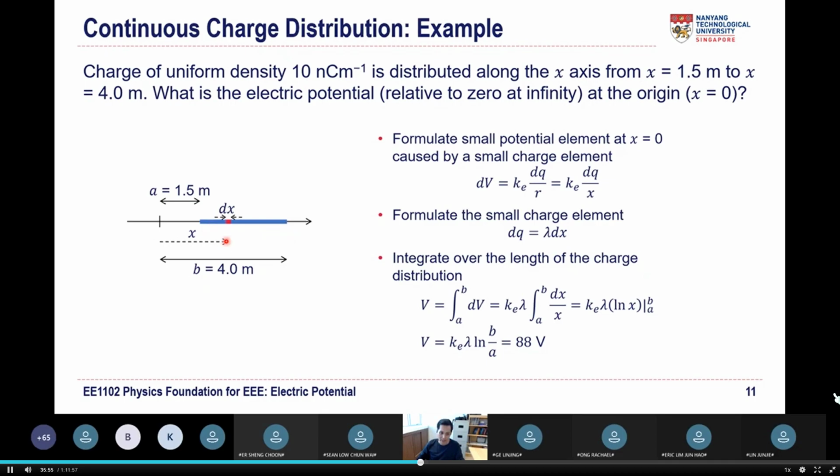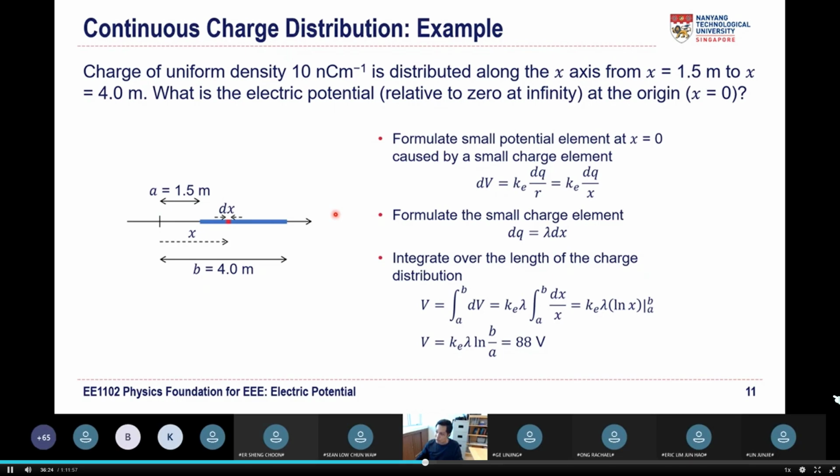But let's assume that this x is just right at this point here, arbitrarily somewhere in between where the rod is. Within this small element dx, there's going to be some charge, so let's call that charge dq. dq is the small amount of charge located at position x within the length dx.